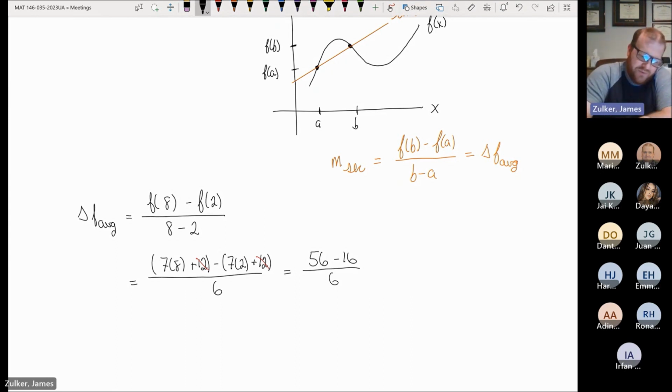And 7 times 2 there, which would make that 14. Right, we get 56 minus 14 over 6, which is 7. The average rate of change of our function f is 7.